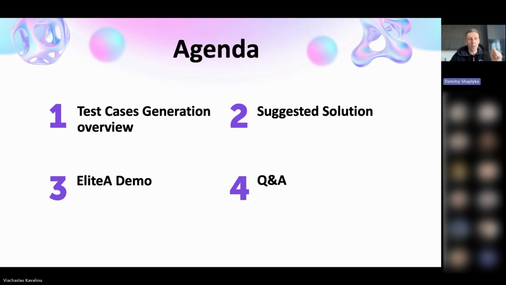I will present the demo using the EliteA application, but the approaches might be reused and useful for other agentic tools. So this is not about EliteA itself. I will provide the suggested solution, do the EliteA demo, and then there will be time for Q&A.